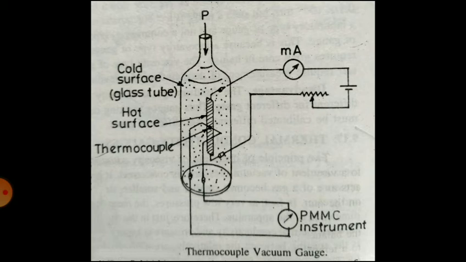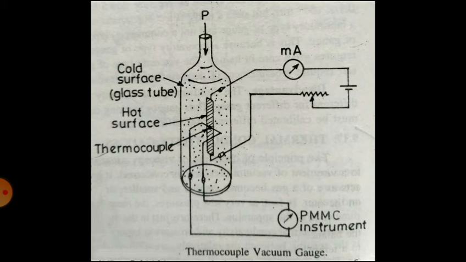So due to thermal conductivity, the temperature of the hot surface changes, and that change in temperature can be calibrated to show the vacuum or the value of the low pressure. So this is regarding thermocouple gauges.